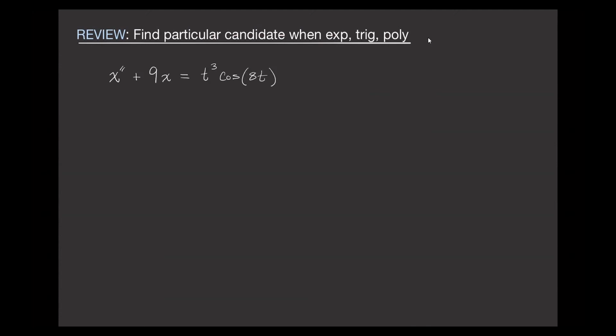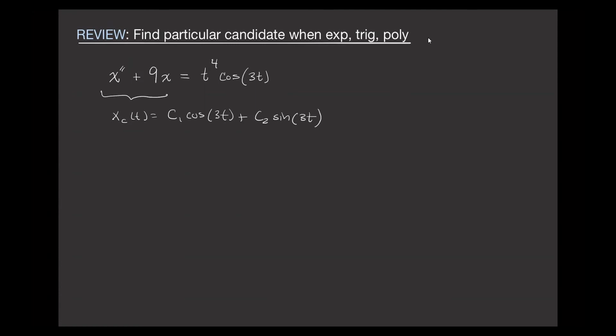If you find the complementary solution to this, that will end up being c1 cosine of 3t plus c2 sine of 3t.